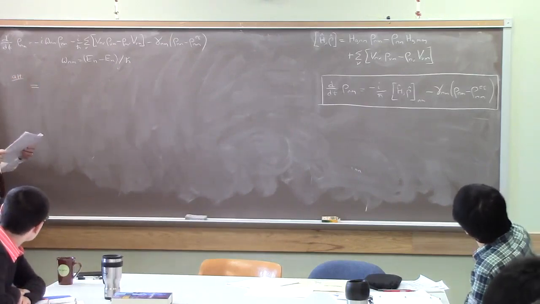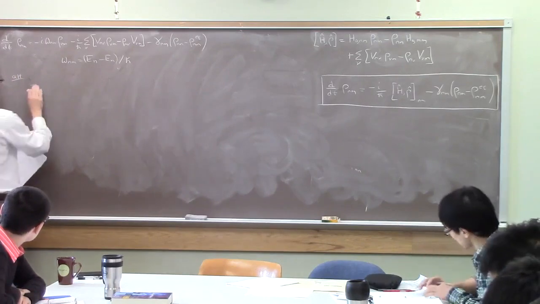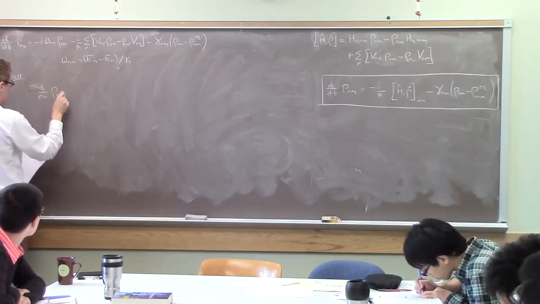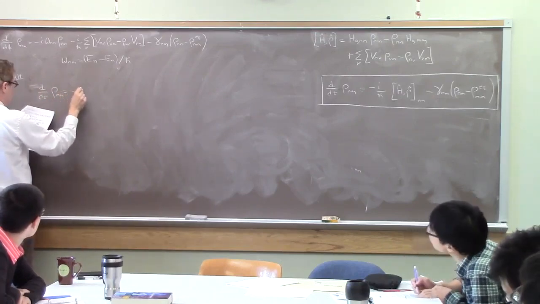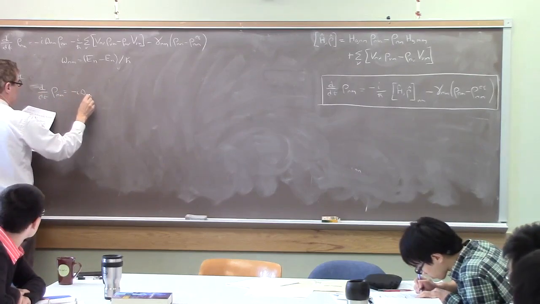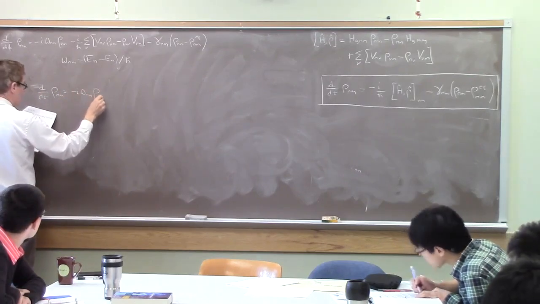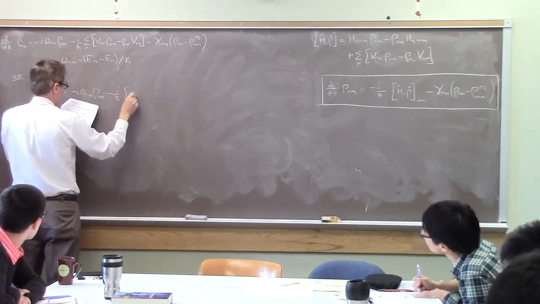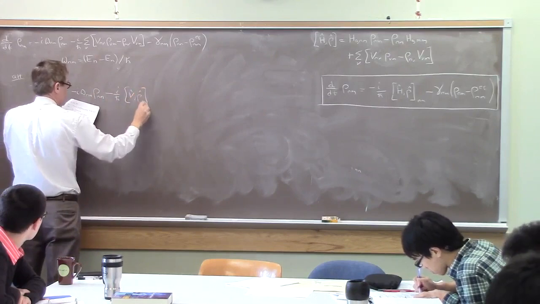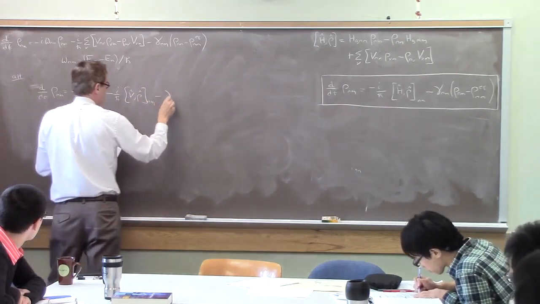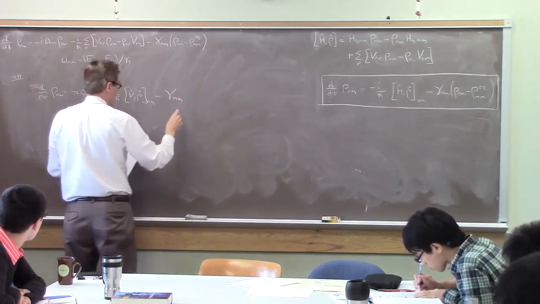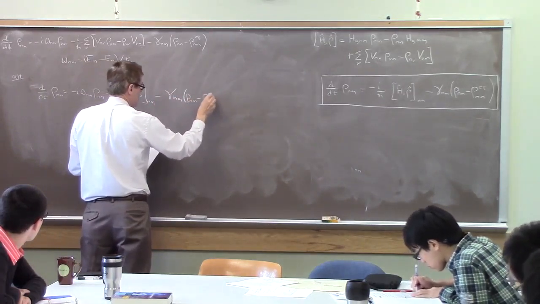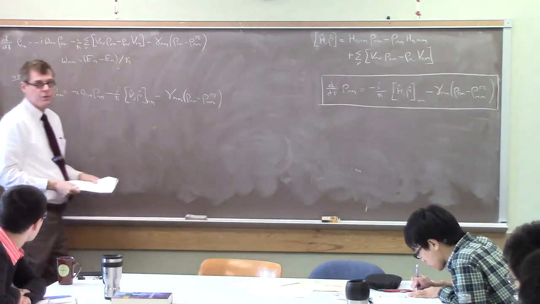And alternatively, sometimes we will write this as d by dt of rho NM is equal to minus i omega NM rho NM minus i over h bar [V, rho]NM minus gamma NM rho NM minus rho NM equilibrium.